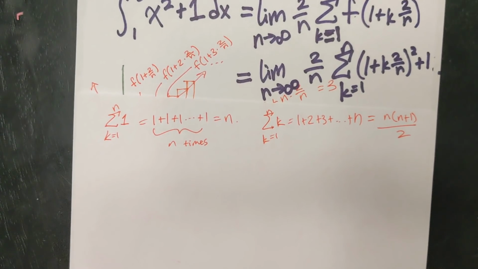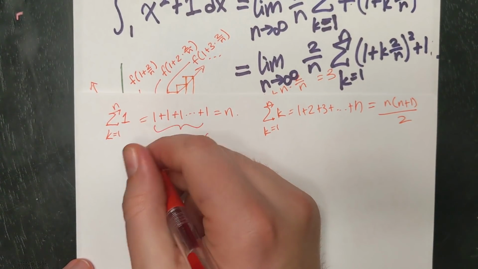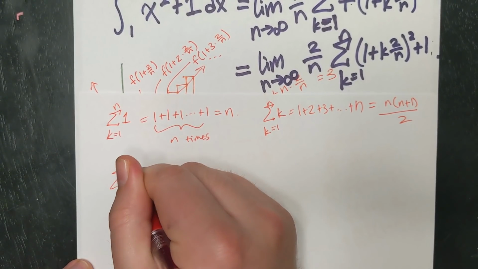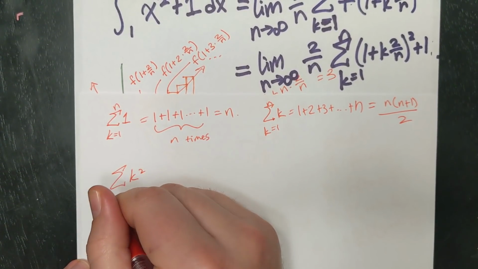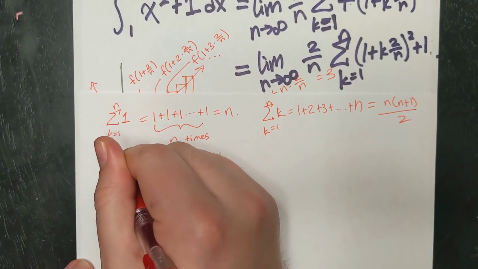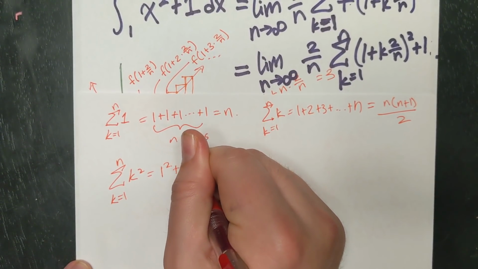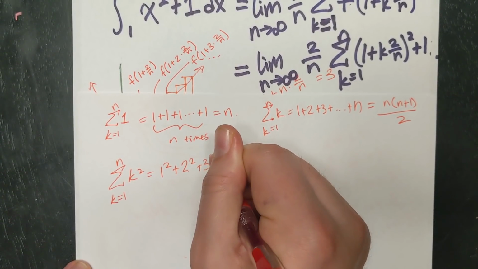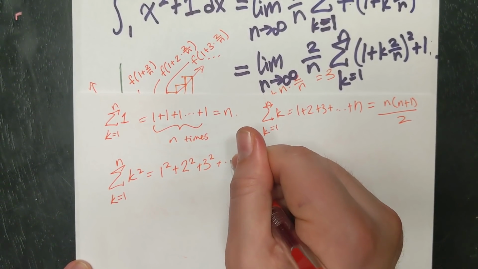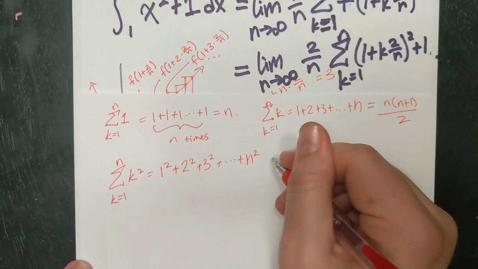And then the last one that we're going to need here is the sum of k squared from k equals 1 to n, that's 1 squared plus 2 squared plus 3 squared all the way through n squared.